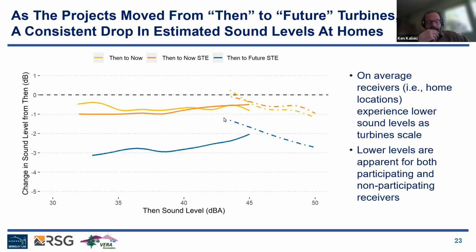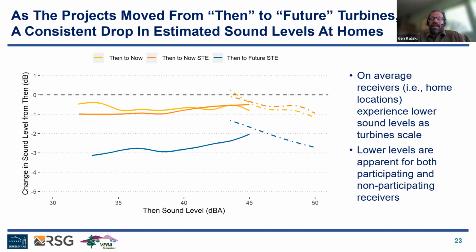Because when you're developing a project, a lot of times you're working on reducing the impacts for those highest people, receiving around what would be the standard in this case, 45 decibels for non-participants and 50 decibels for participants. So you end up with more than your fair share of impacts around the sound standard.